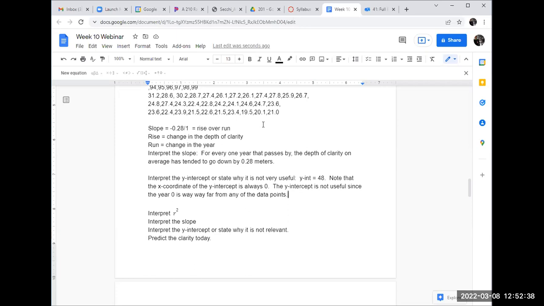Okay. So for example, if we looked at age versus, say, how fast you drive. Why does the y-intercept make no sense in that case?